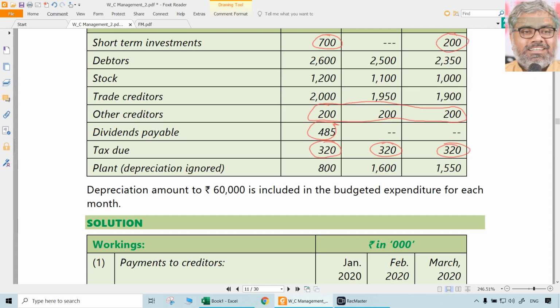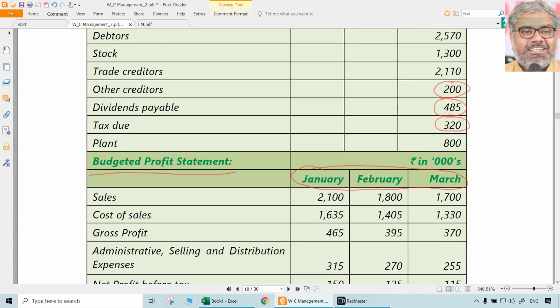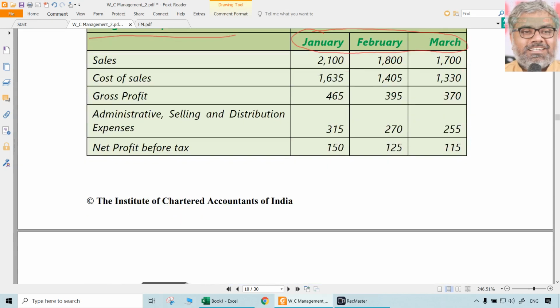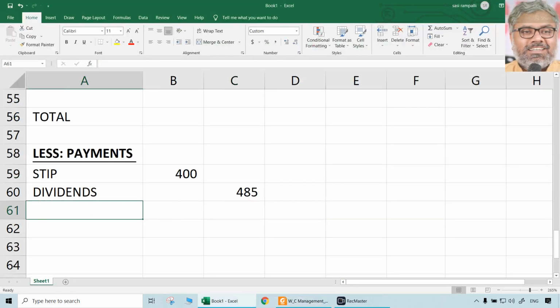Then plant, ignoring depreciation, this is the plant amount. On 1st January there was 800,000 worth of plant, and at the end of January it is going to be 800 only, which means no purchase is going to happen. But in February, plant is going to be purchased.